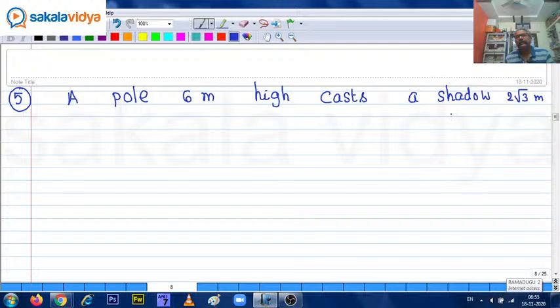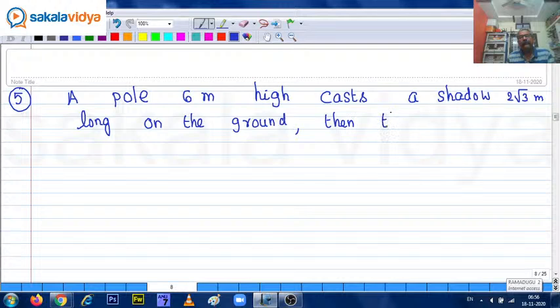The length of the shadow is 2 root 3 meters, height of the pole is 6 meters.